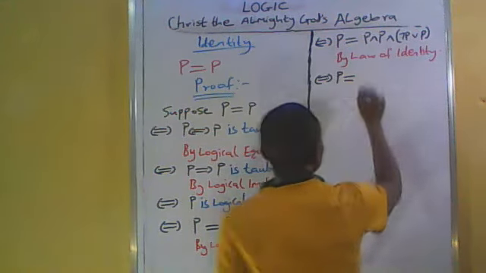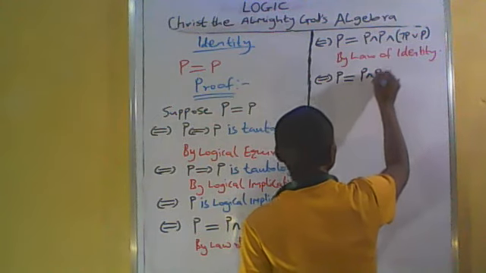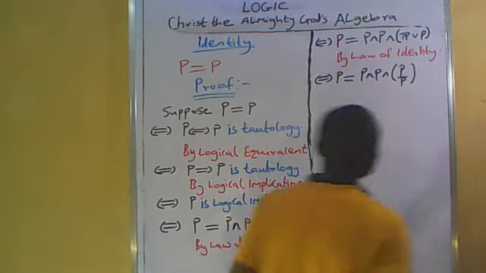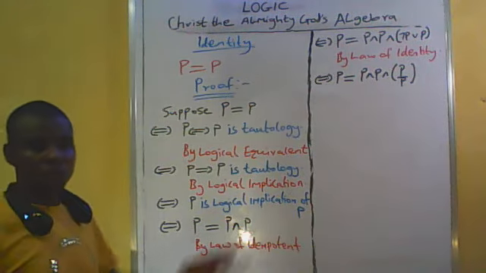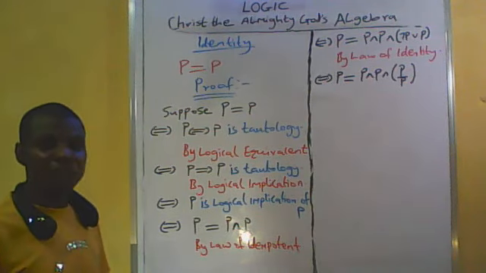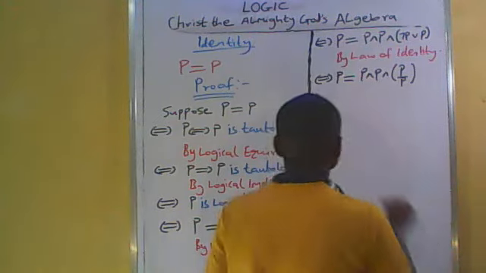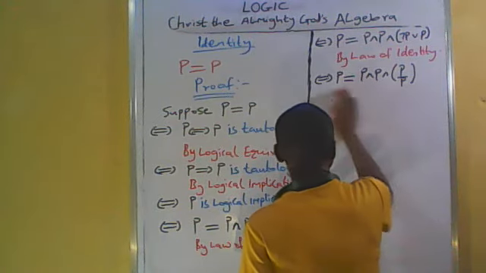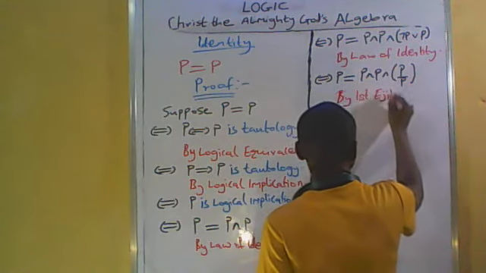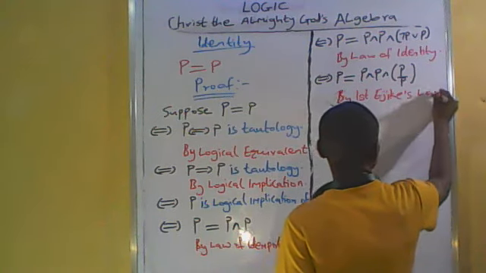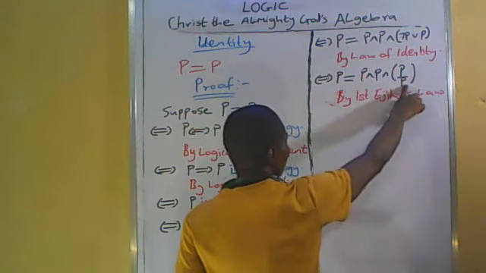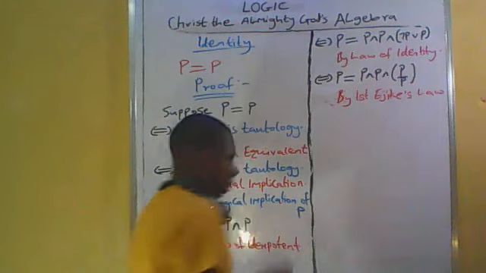That means we have P and P and bracket P implies P. We have now transformed it to a conditional statement, being justified by the first edge case law. We are going to distribute this implication P between P and the P.